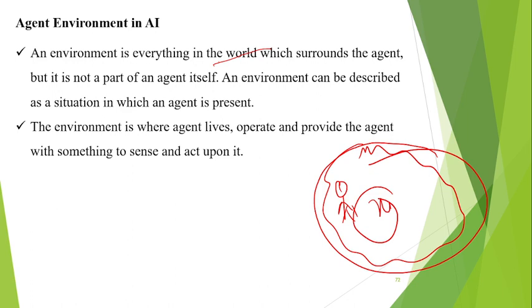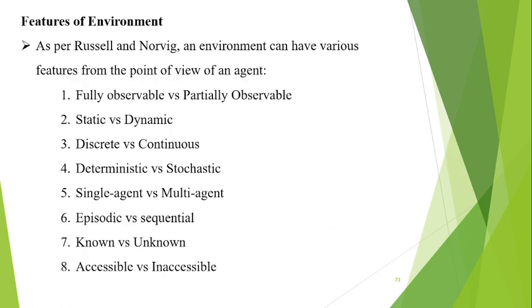An environment can be described as the situation in which the agent is present. The environment is where the agent lives and operates, and which provides something to sense and act upon. This is what the environment of an agent is.